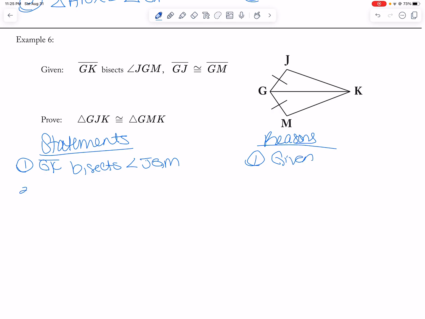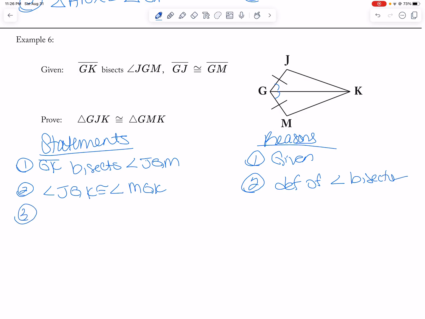So that means that angle JGK is congruent to angle MGK, by definition of angle bisector.